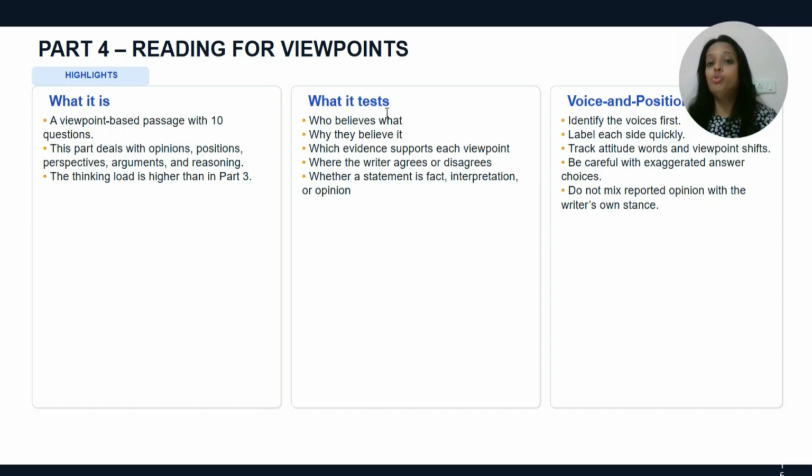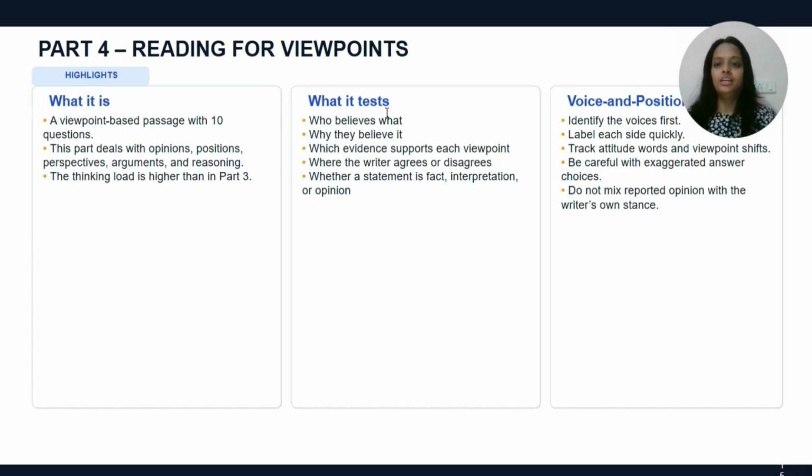That means you are not just reading to find facts anymore. You are reading to understand who believes what, why they believe it, which evidence supports each viewpoint, where the writer agrees or disagrees, and whether a statement is presented as fact or as an interpretation or opinion. So this is why part 4 feels heavier. It is not always because the vocabulary is impossible, it's because the thinking load is higher here.